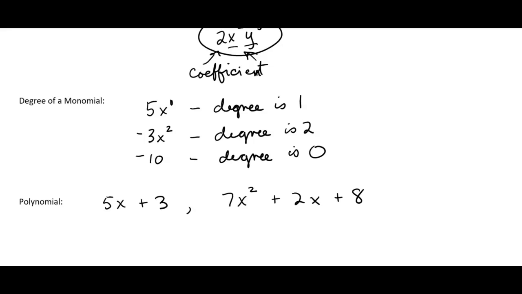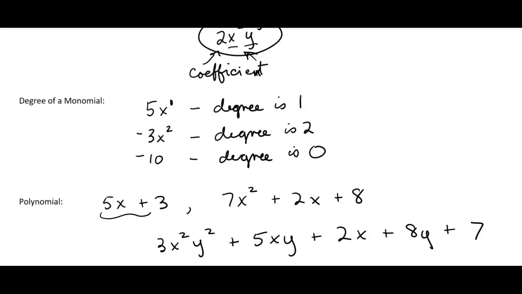You could have something like 3x squared y squared plus 5xy plus 2x plus 8y plus 7. Now I made mine all addition, but you could have subtraction signs in there as well. Those are all examples of polynomials.